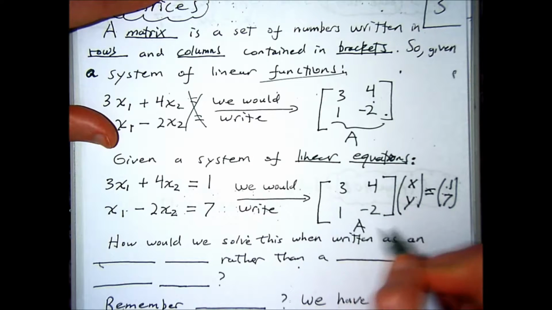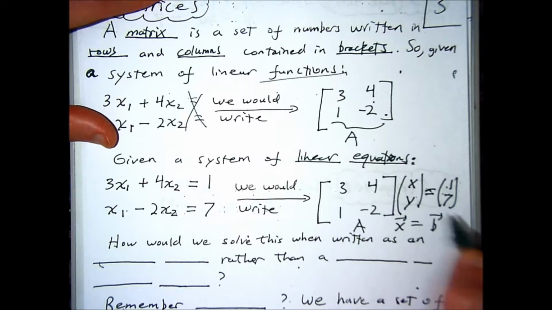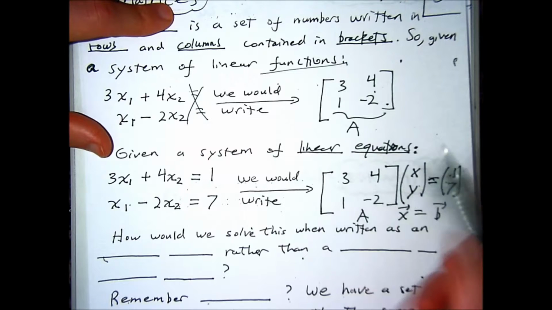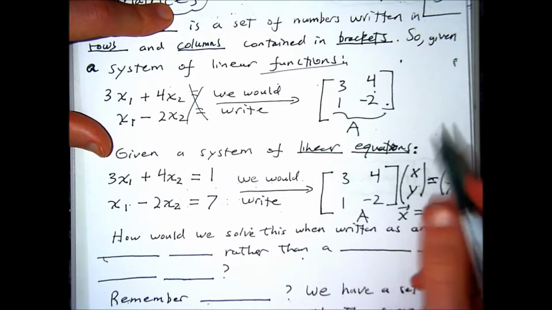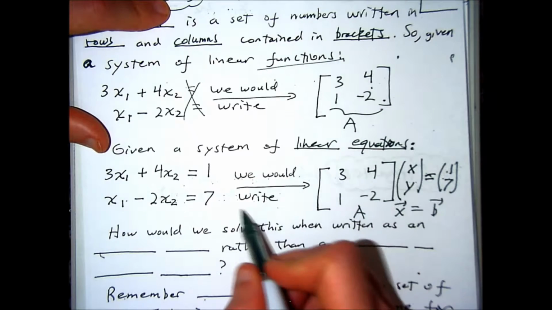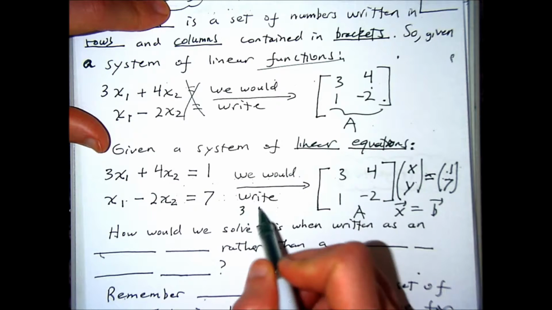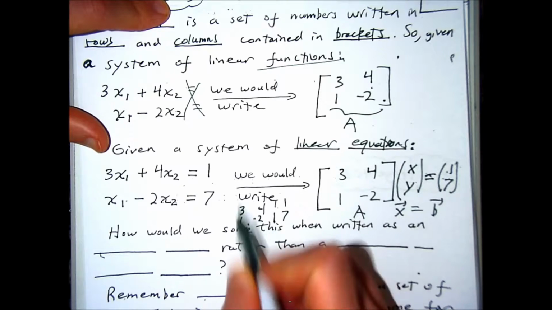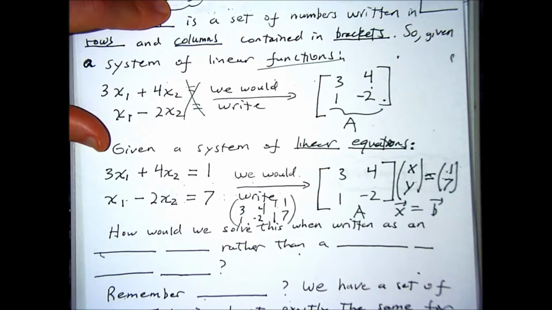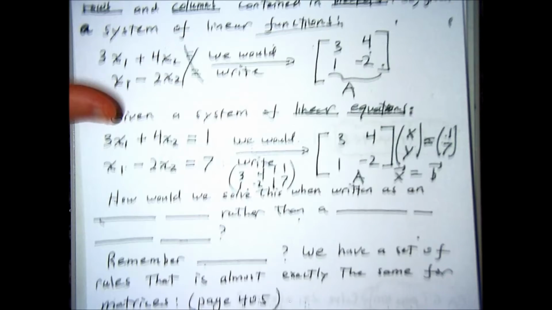This is really Ax equals b. But for now, we're writing it as 3, 4, 1, negative 2, dotted line, 1, 7. And then we'll define our row and column operations.